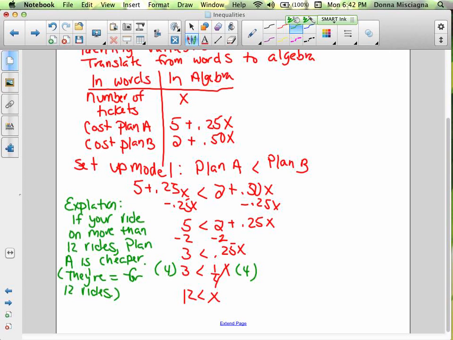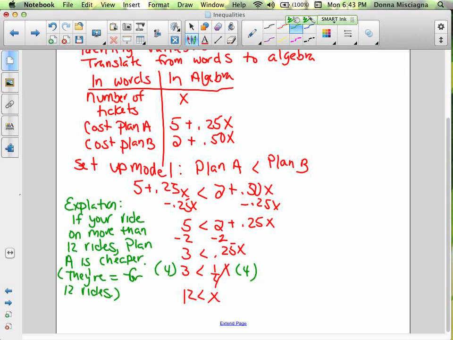So if we go on exactly 12 rides, then it doesn't matter whether you do Plan A or Plan B. You're going to spend the exact amount of money. But if you're going to go on more than 12 rides, it makes sense to do Plan A, where you have a higher upfront cost, but you pay less per ride.